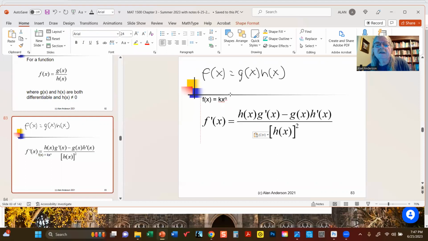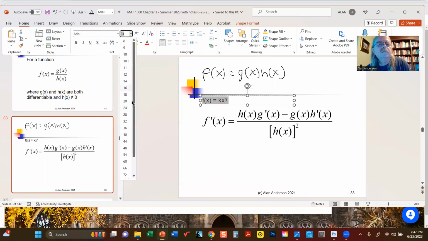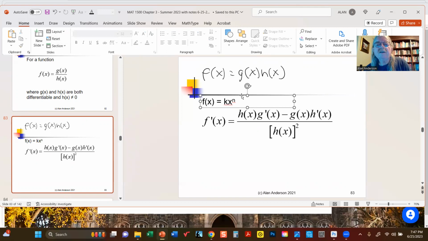So I'll just sneak this in here, just in case we need it. But after a while, it would be almost impossible not to have this one memorized because you're going to need it so often.